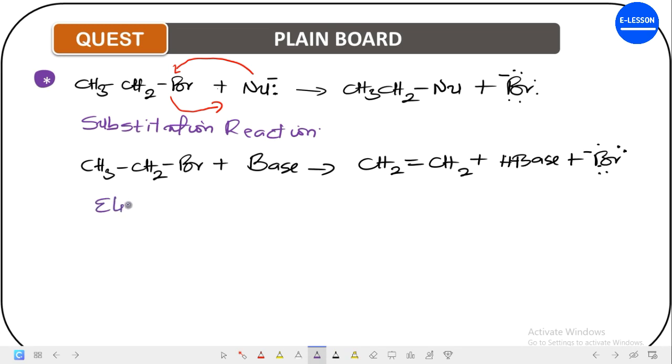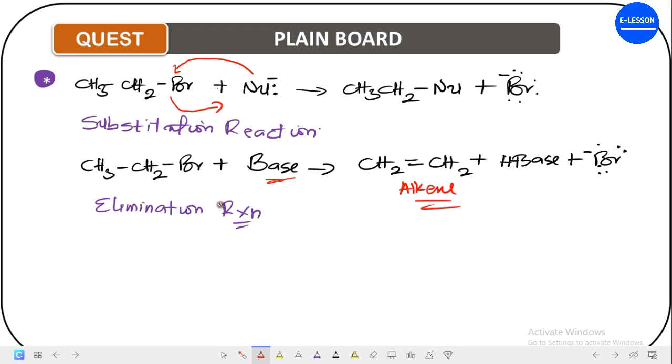So you can see the major feature of elimination reaction is that it leads to the formation of a double bond. As you can see here, elimination reaction leads to the formation of alkenes, doubly bonded compounds. So whenever you see that an alkyl halide reacts with a base to form a double bond or alkene, you say such a reaction is an elimination reaction.